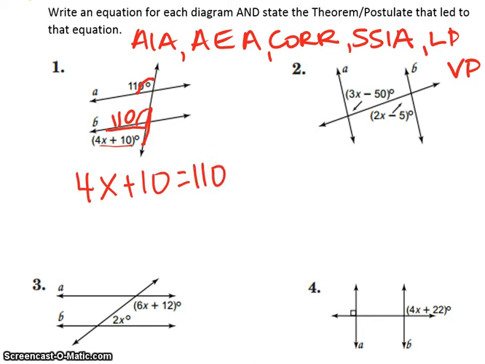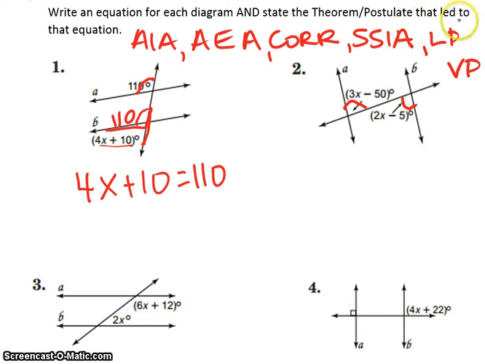Now let's look at number 2. So I have this angle and this angle. I know that lines A and B are my two parallel lines. So I need to decide what angle pair they are. I know that they're both on the inside of the two lines, so that automatically is going to eliminate an AEA as well as the corresponding, because the corresponding also has to have at least one on the outside.